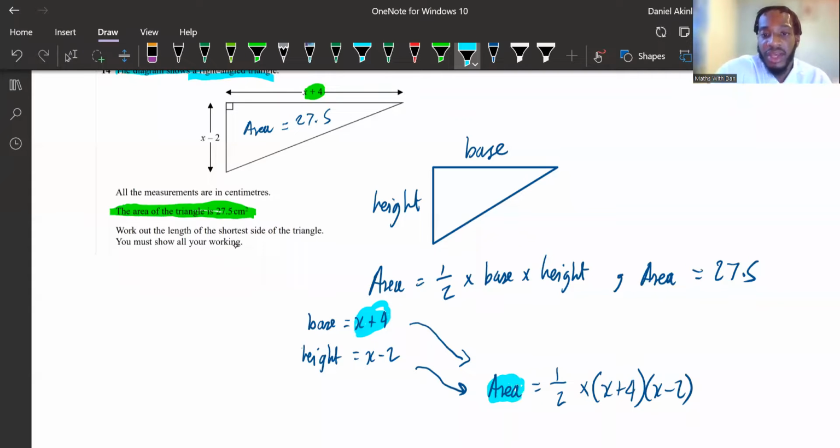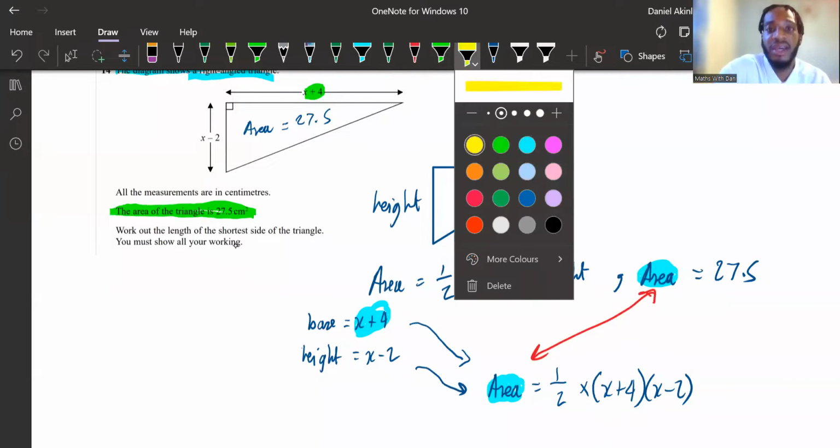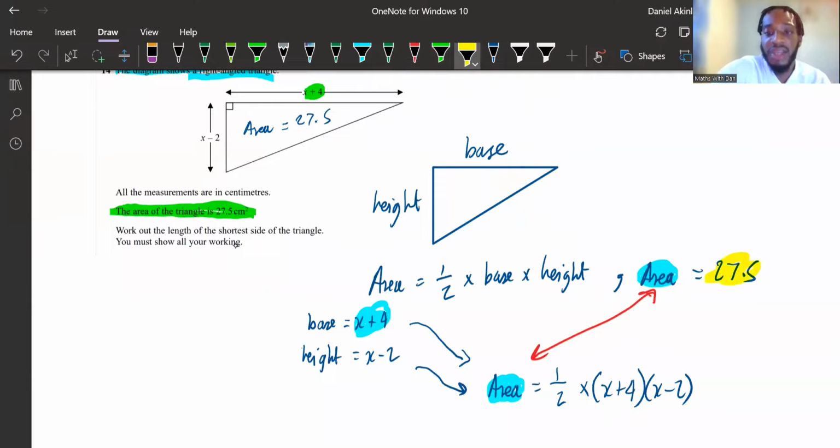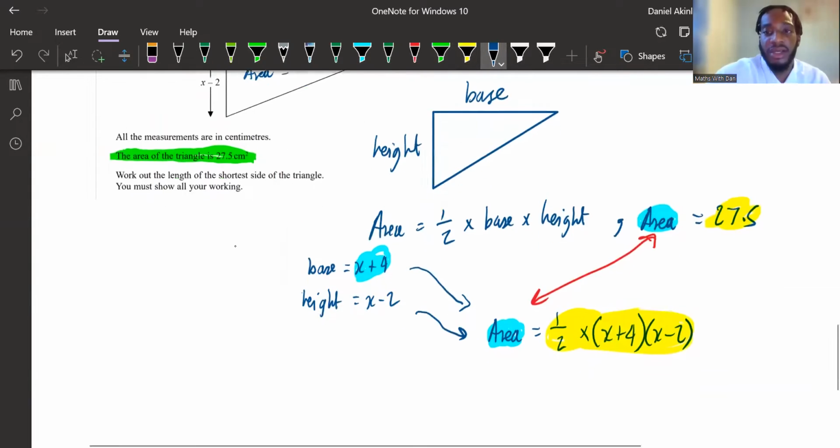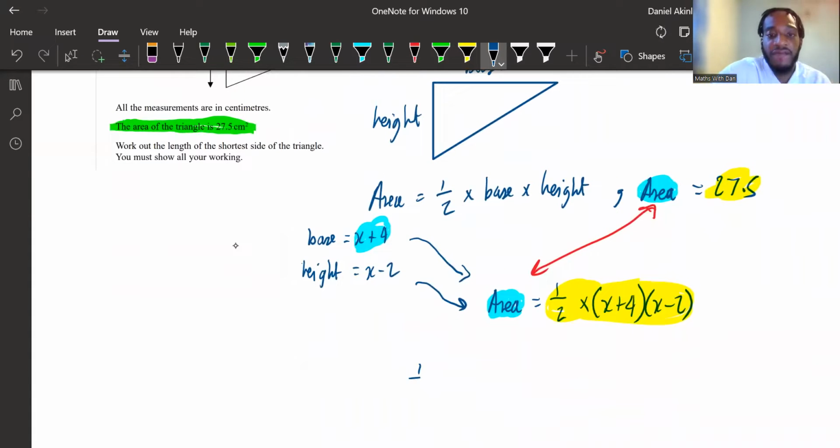Area is this, area is that. These two in blue are the exact same thing. What does that tell me? It means that this in yellow and this in yellow are also the same. So I can make them equal to each other. Therefore, 1/2 times (x plus 4) times (x minus 2) is equal to 27.5.